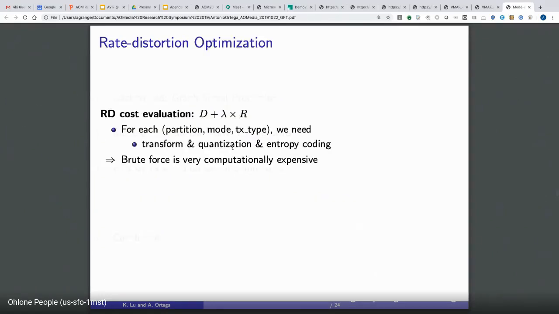If you think about a rate distortion optimization with the familiar Lagrangian cost, for every option you have for a particular set of pixels, you need to compute a transform. You need to do quantization and entropy coding, right?